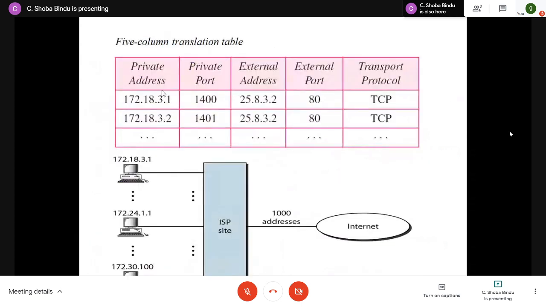Apart from this, the table can specify from which port of the private address you are transmitting, and to which port of the outside world you are transmitting. And what protocol is being used, that is, the upper layer protocol, can be stored here. So these are the 5 columns that you can have in this translation table.